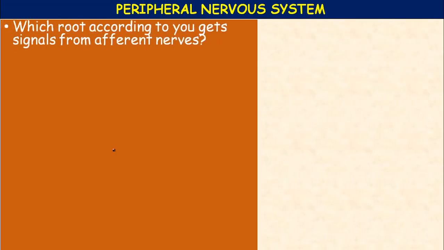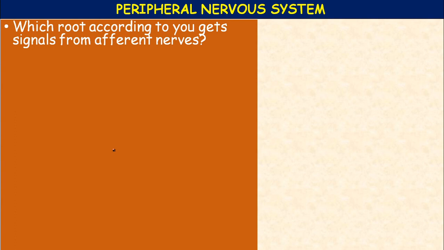Before going to the peripheral nervous system, which root of the spinal cord, according to you, gets signals from afferent nerves? There are three types of nerves: afferent nerves, efferent nerves, and mixed or associated nerves, isn't it? So what are afferent nerves? Afferent nerves means the incoming nerves.